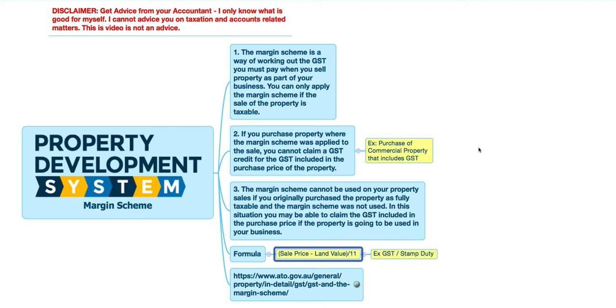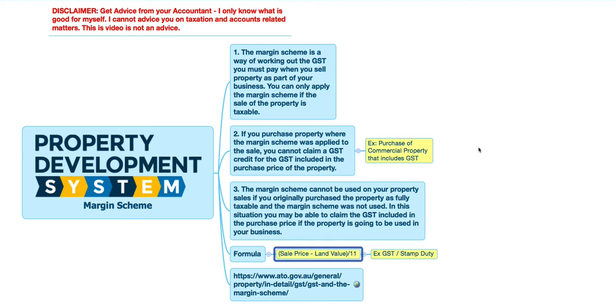If you put townhouses on it, let's say the land value for a townhouse that you bought was 200,000, and then you spend 300,000 to build a townhouse on it, you pay the GST on the 300,000 value that you've added.